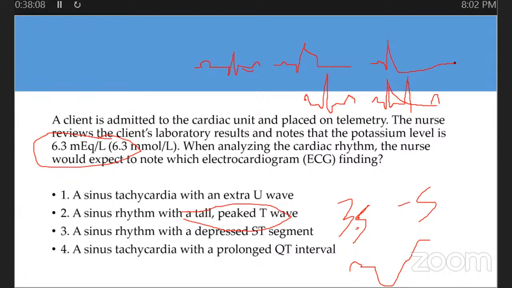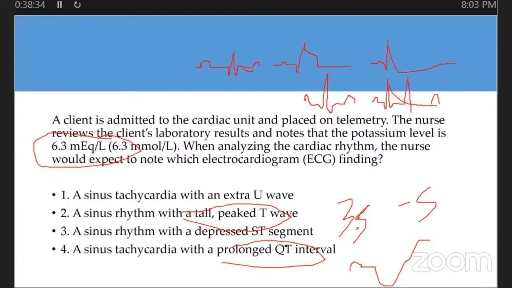And one other one you need to know, very, very important: when you see a prolonged QT interval on the Nclex, start thinking about low levels of, not potassium, low levels of calcium. So if I see prolonged QT intervals, that tells me my client may be hypocalcemic. Again, what's our normal level for calcium?